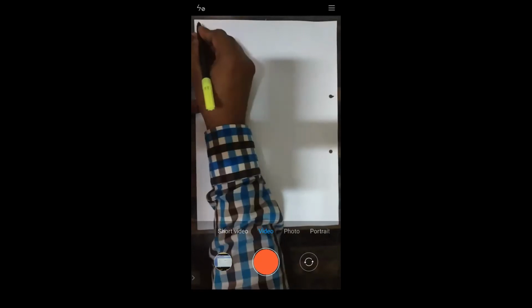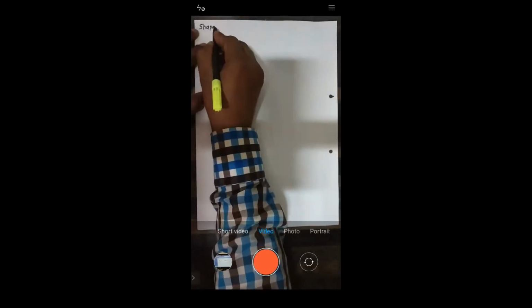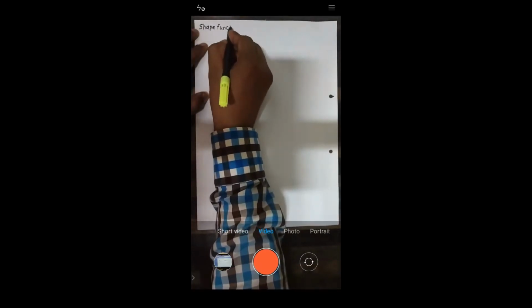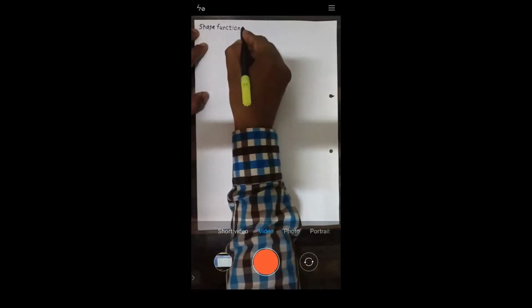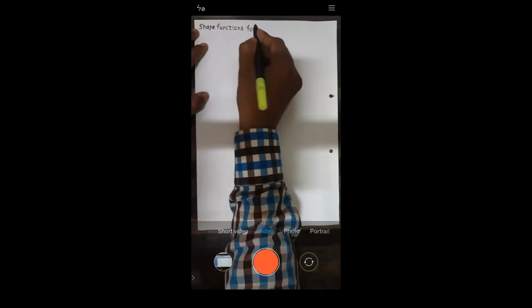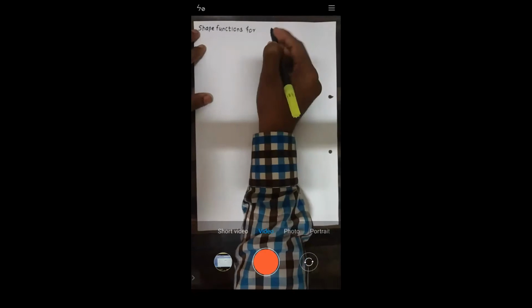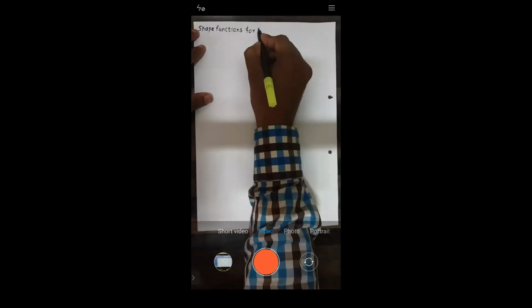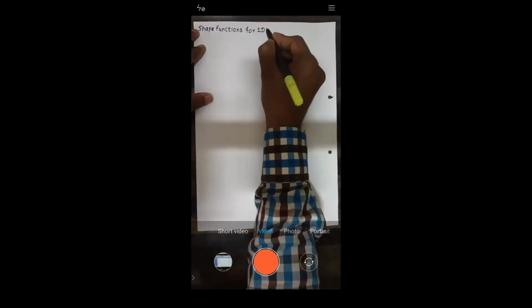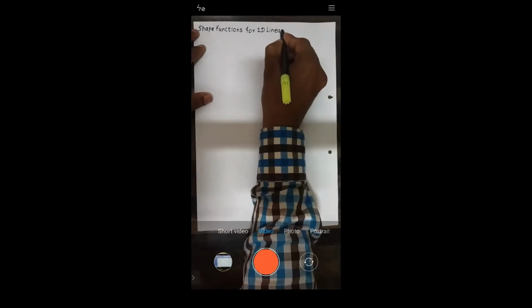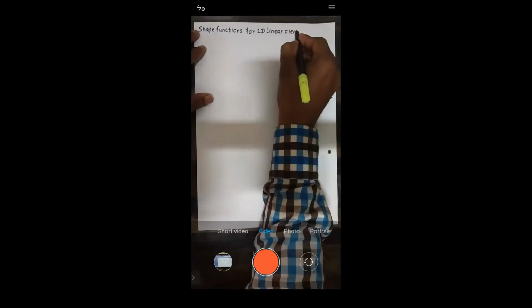Let's start with the shape functions. Initially I'm deriving for a 1D element, and in 1D I'm initially considering it as a linear element.